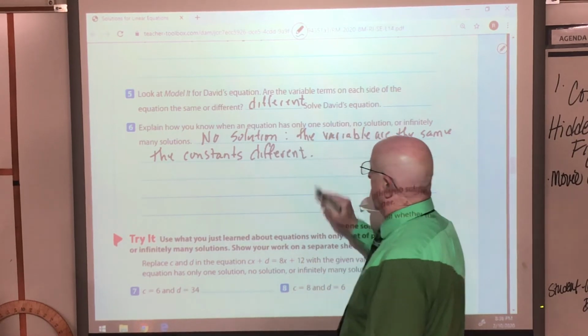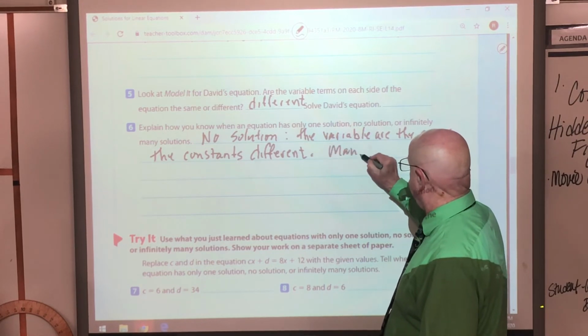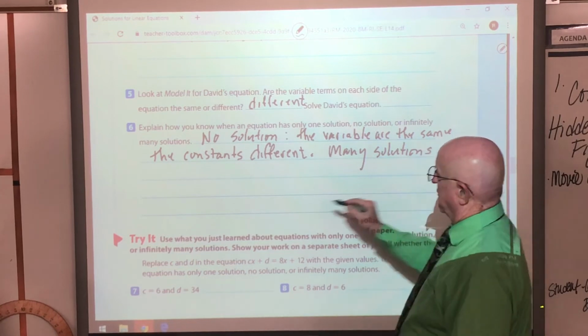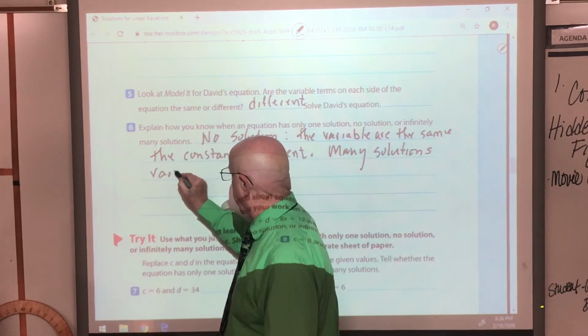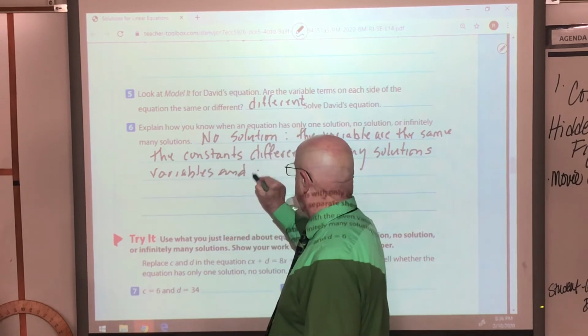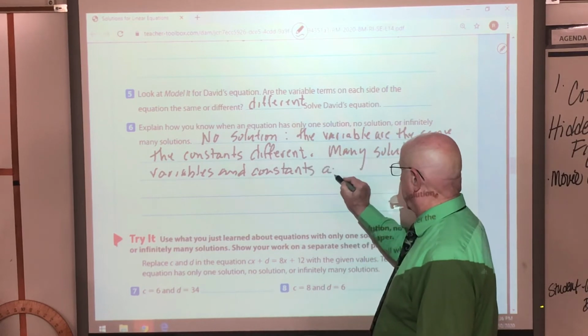For multiple solutions, many solutions, variables and constants are exactly the same.